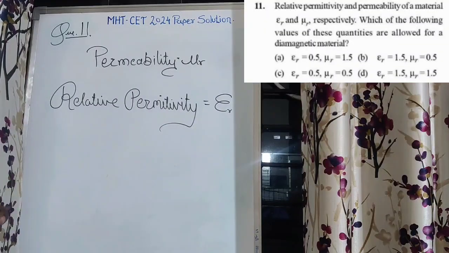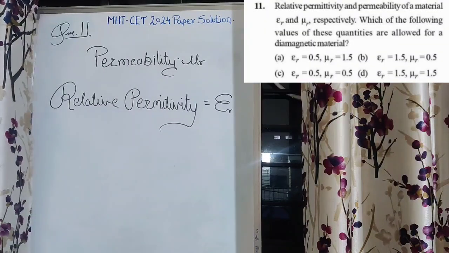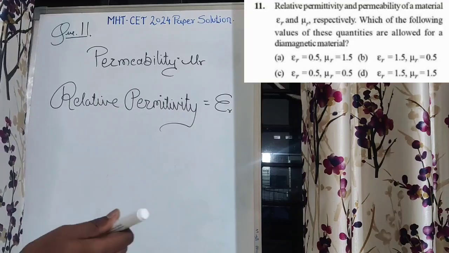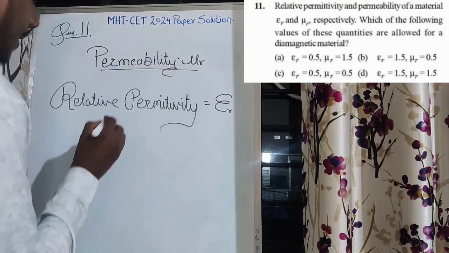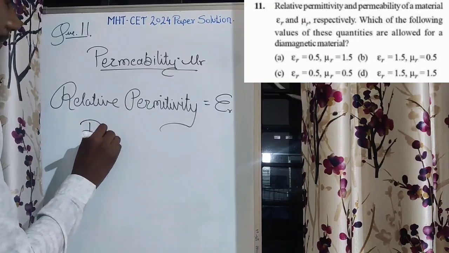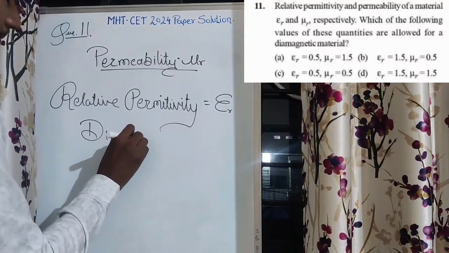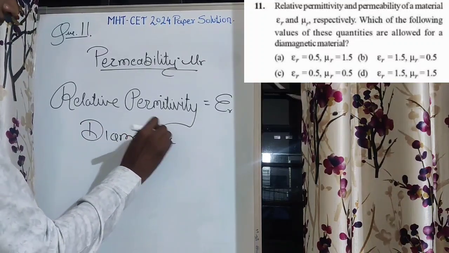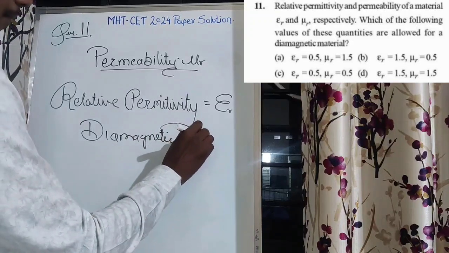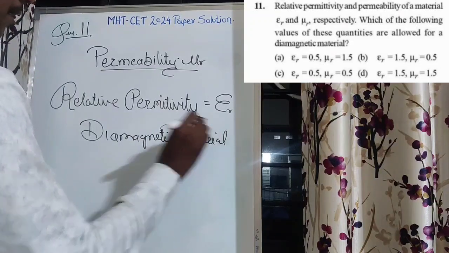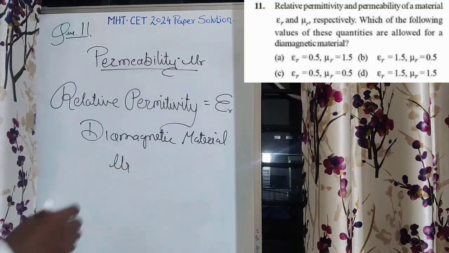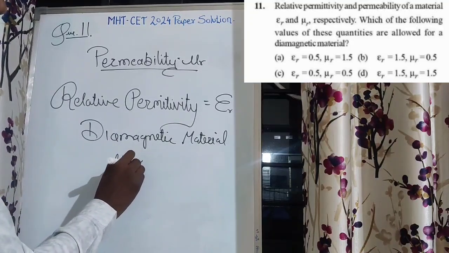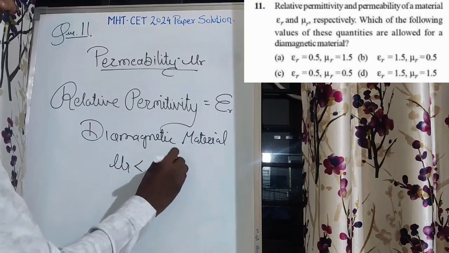And the relative permittivity of any material. So we are asked about the permeability of the diamagnetic material. For a diamagnetic material, the value of mu r is always slightly less than 1.